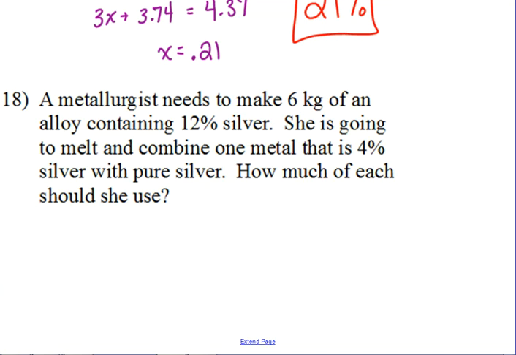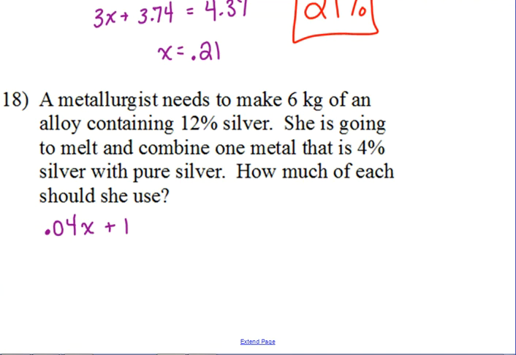Okay. So let's set this up like we normally would. She's going to combine 4% silver. We don't know how much, so 0.04 times X, plus pure silver. Pure silver would be 100% silver, so 100% as a decimal is 1.